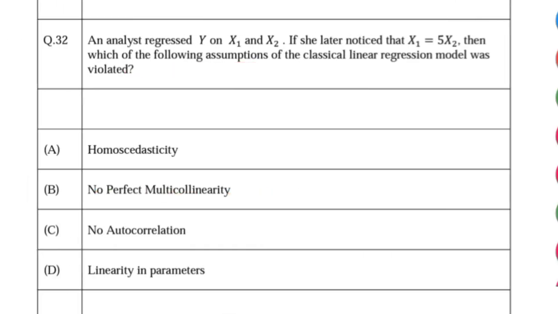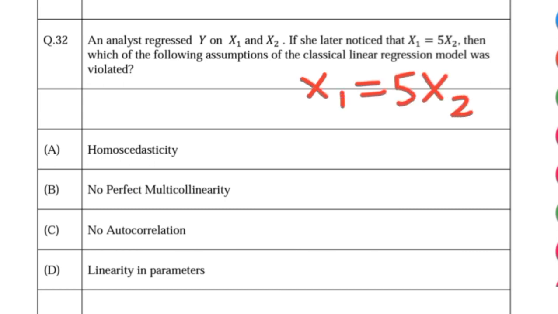Next question is, an analyst regressed y on x1 and x2. If she later noticed that x1 is equal to 5x2, then which of the following assumptions of the classical linear regression model was violated? Okay, so y is being regressed on x1 and x2, and x1 is equal to 5x2.